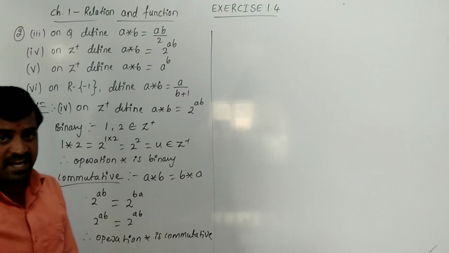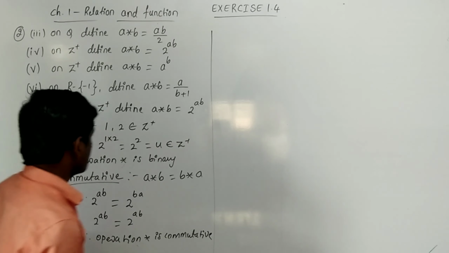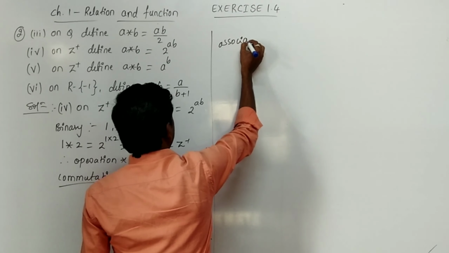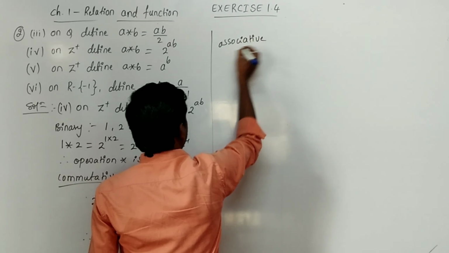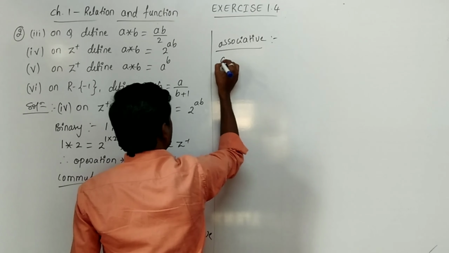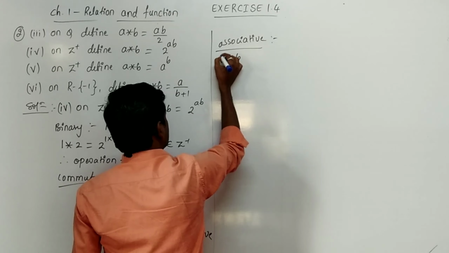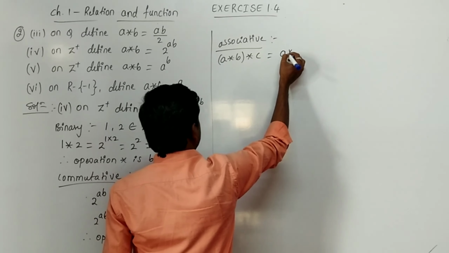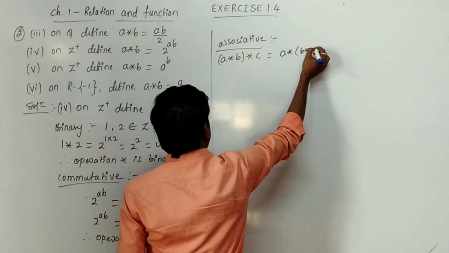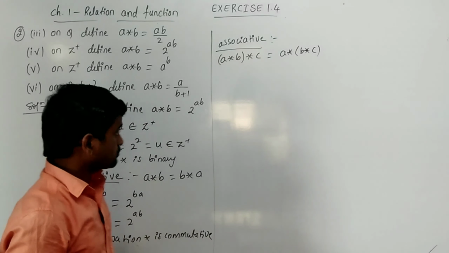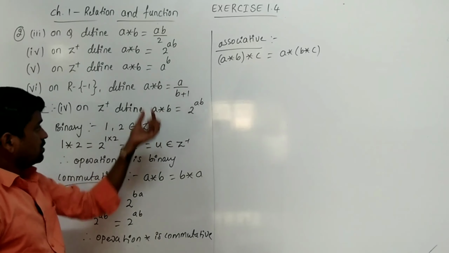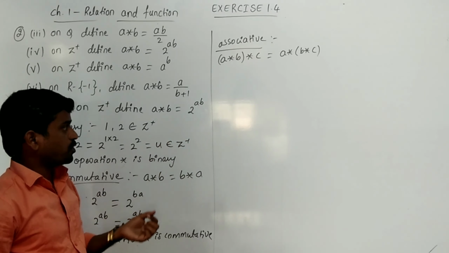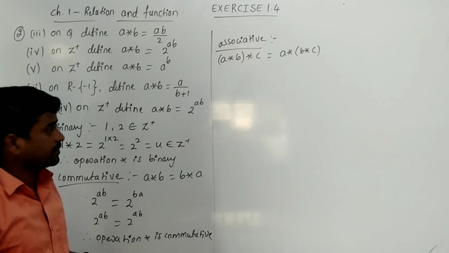Is the operation star associative? Check associative: a star b star c is a star b star c. a star b, star is defined by 2 to the power of a into b.